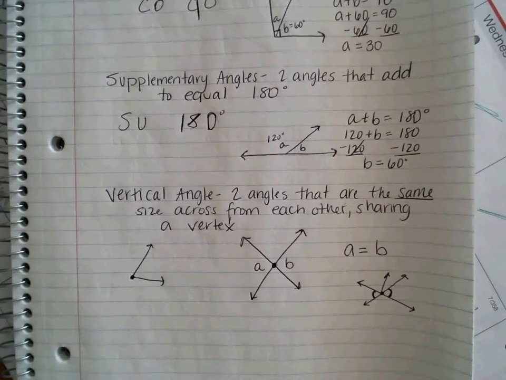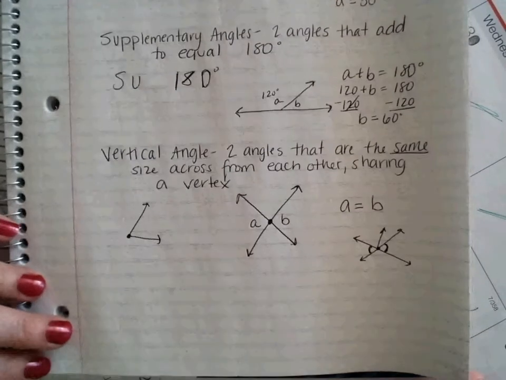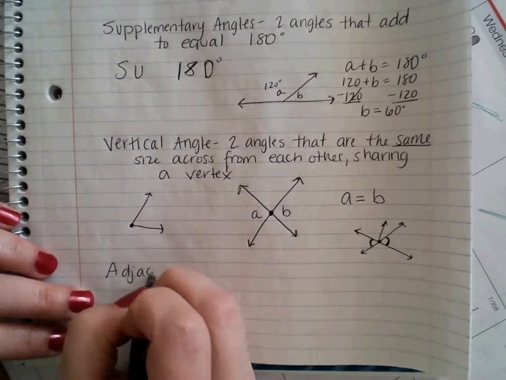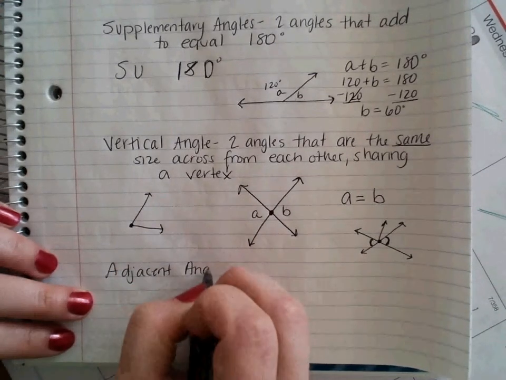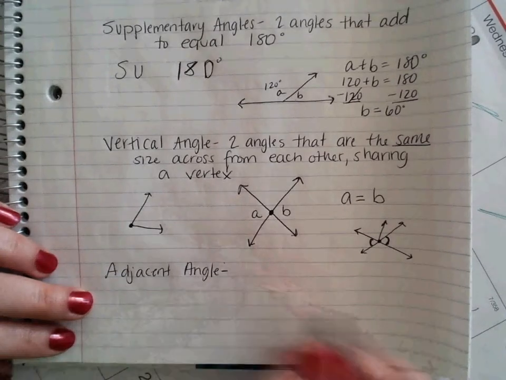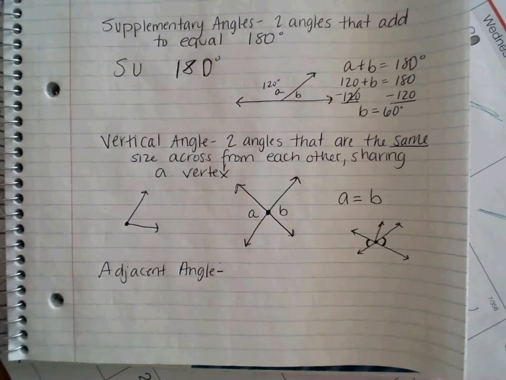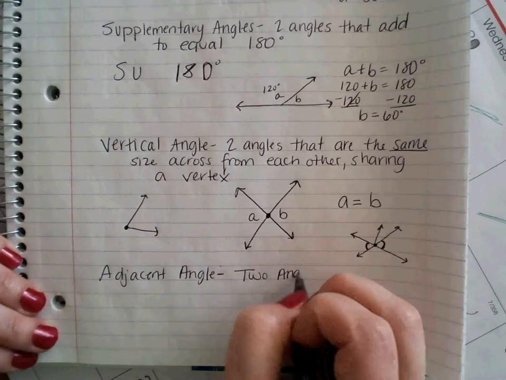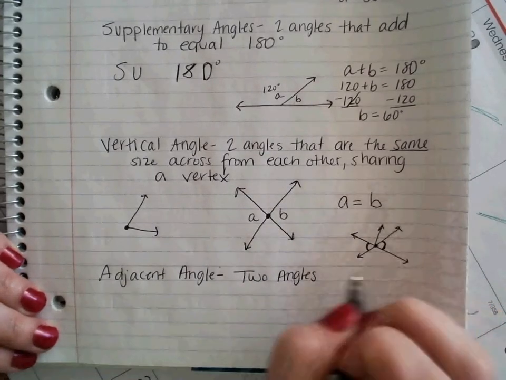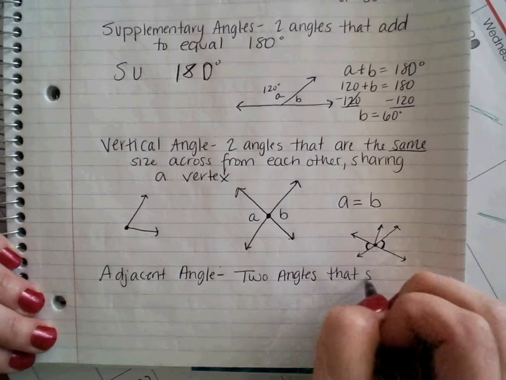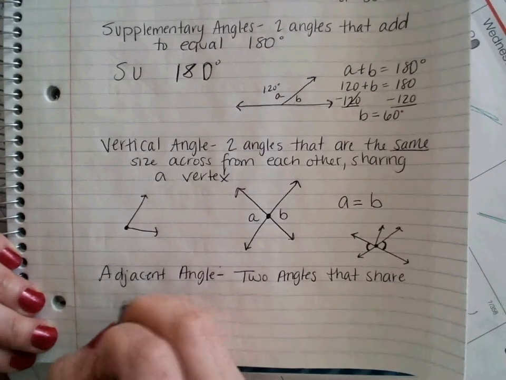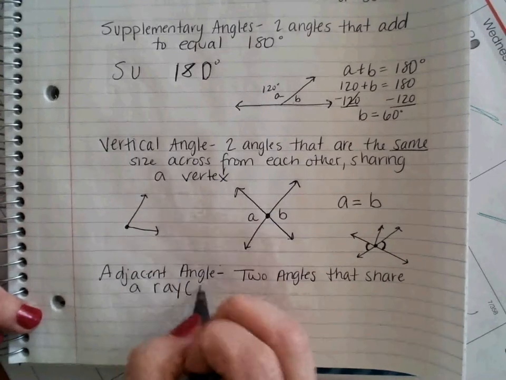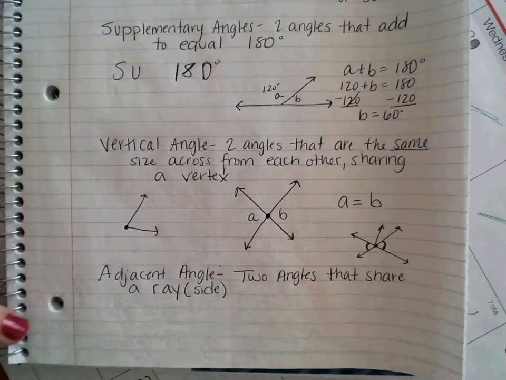And the last one that we are going to talk about is an adjacent angle. An adjacent angle. And these are two angles that share a ray, also known as a side.